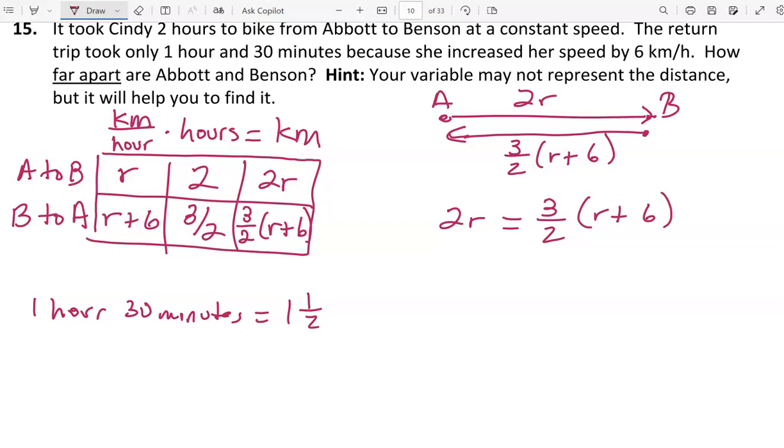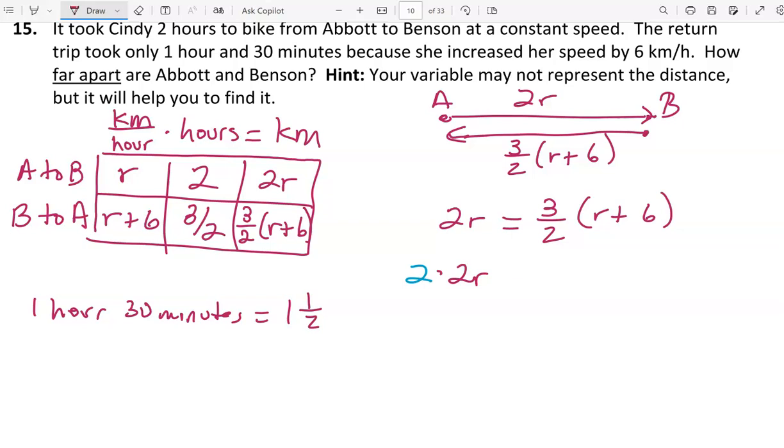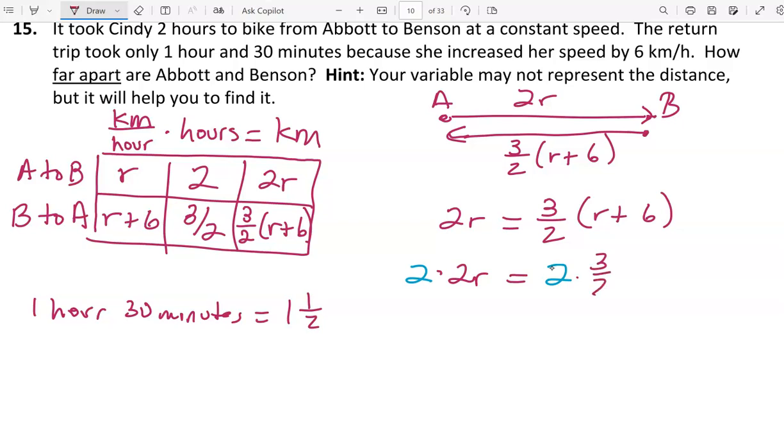The very first thing I'm going to do to both sides is clear those fractions. So I'll multiply both sides by 2. 2 times 2r equals 2 times 3/2 times r plus 6.